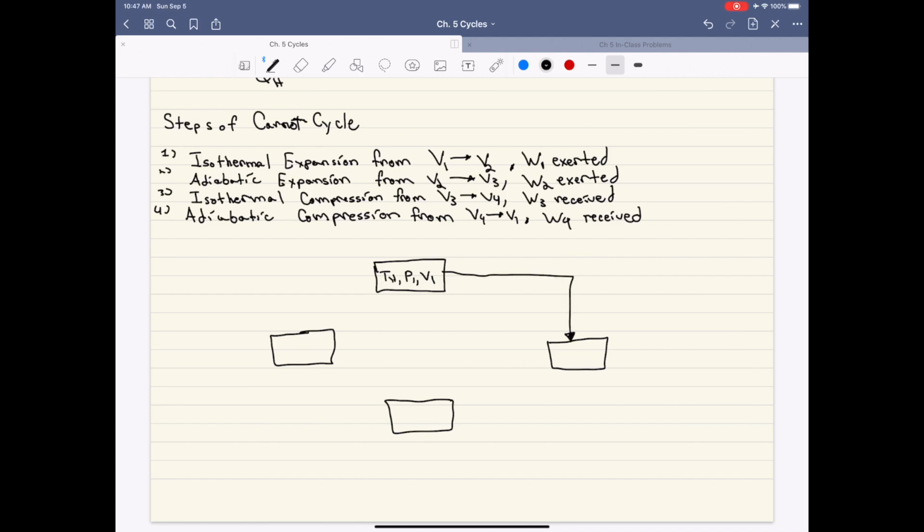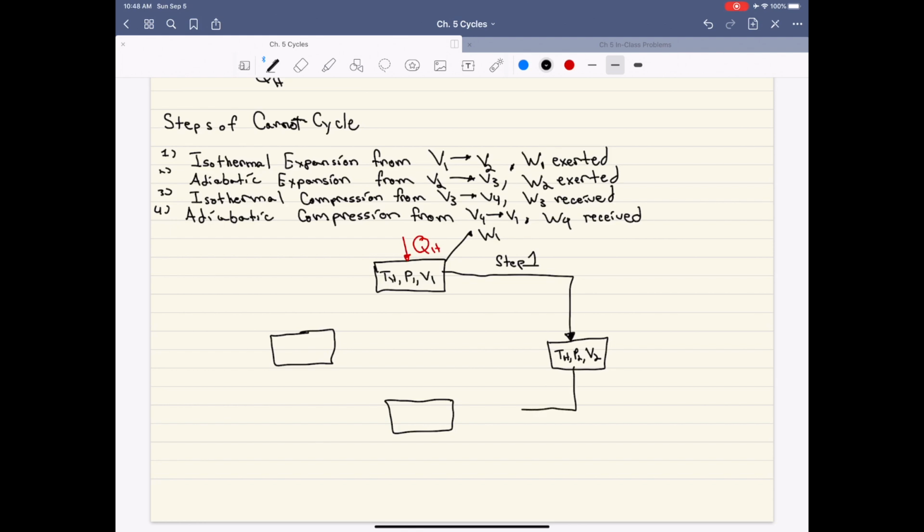During step 1, the gas receives QH, gives off work 1, and as such the pressure and the volume change.